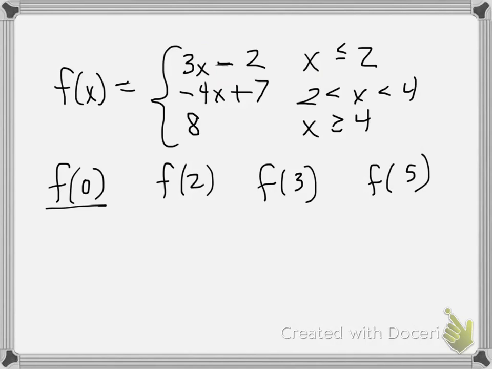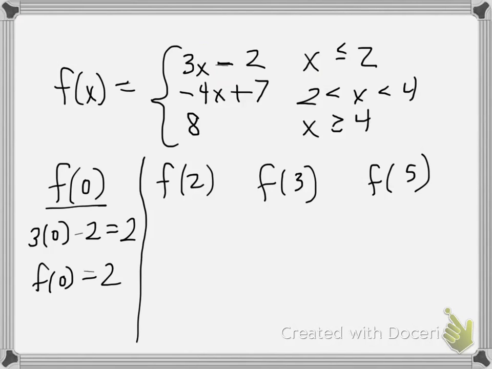So I'm going to plug in 0 into my top function, and I get 3 times 0 minus 2, which equals negative 2. So f of 0 equals negative 2. All right, let's consider f of 2. This one's a little tricky because I see a 2 here and I see a 2 here. So the question is, which function will I actually use if x equals 2?